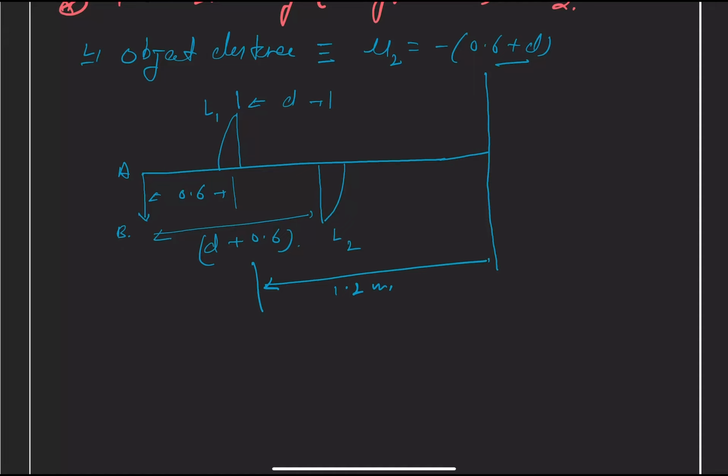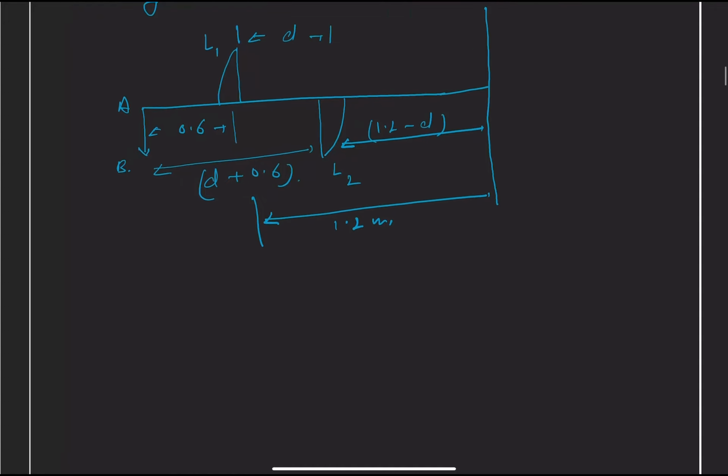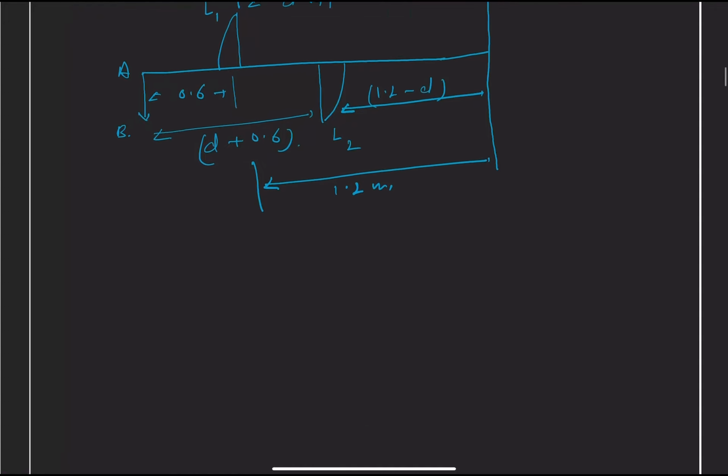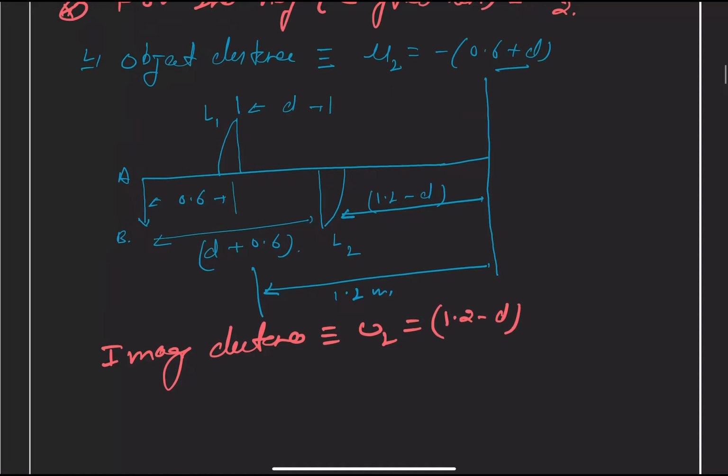So because of this L2, this distance will be equal to 1.2 minus D. So we can write the image distance, if that is our V2, as 1.2 minus of D, because both images are being formed here.